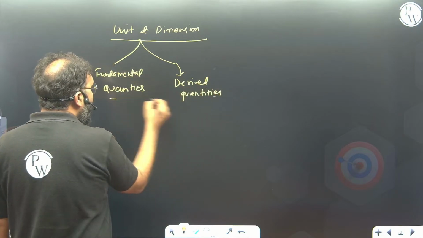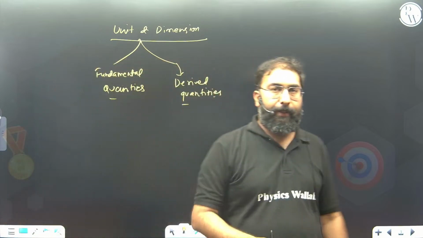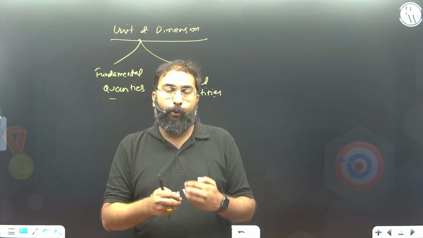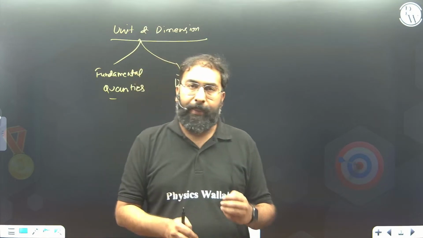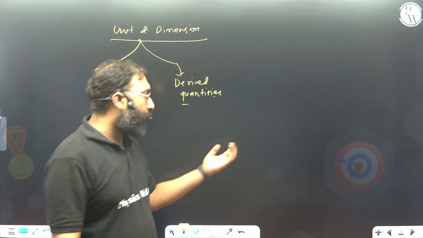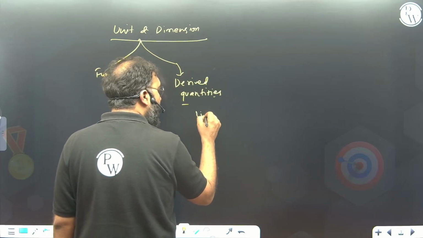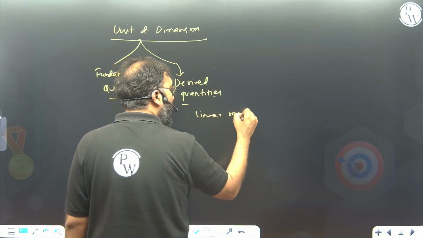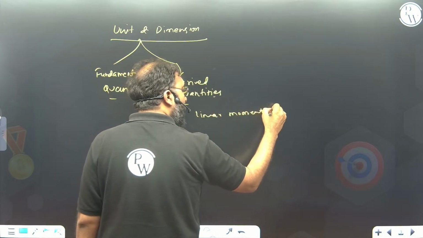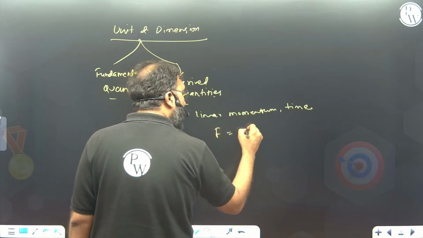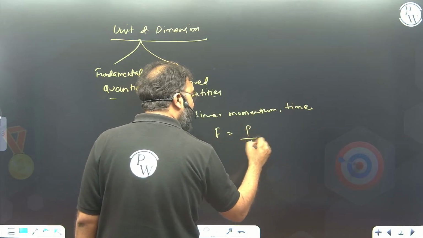What do you understand by fundamental and derived quantities? If we have some quantities, and by using those quantities we can develop a new quantity, that will be known as a derived quantity. For example, you have linear momentum and time. I can write force as linear momentum upon time.